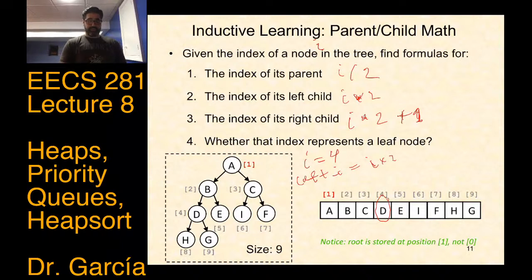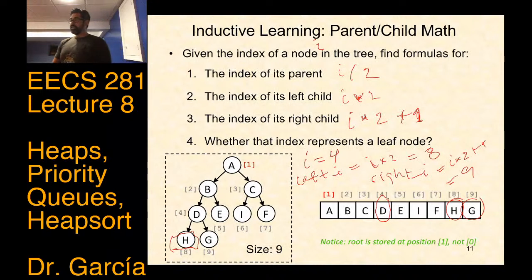Let's see if that's true. 8 is H, and that is indeed its left child right here. Similarly, for right of I, it's I times 2 plus 1, which is just 9, which is G, and indeed, if we look at the actual tree drawing, that is its right child. So that's really nice.